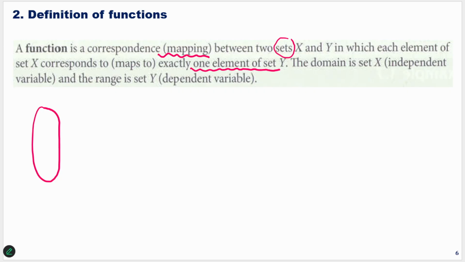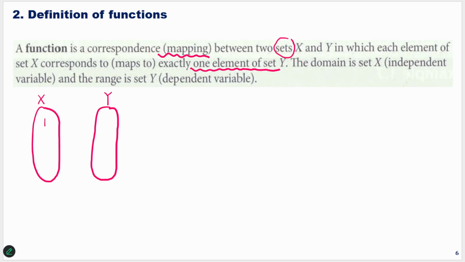So you have a set, let's call it x, and we have another set, let's call it y. And for example, we have some elements in set x. These could be numbers, letters, could be anything.